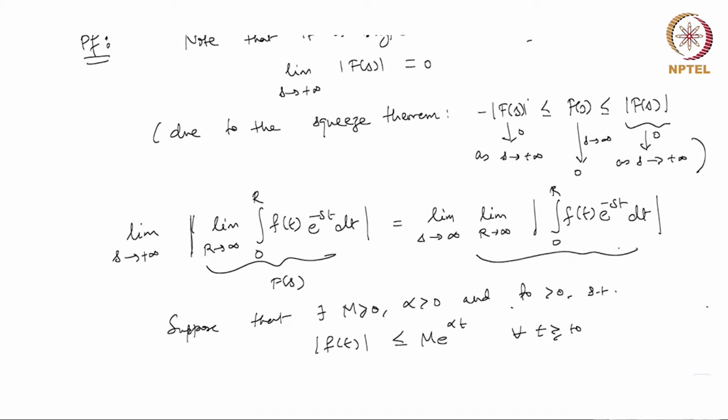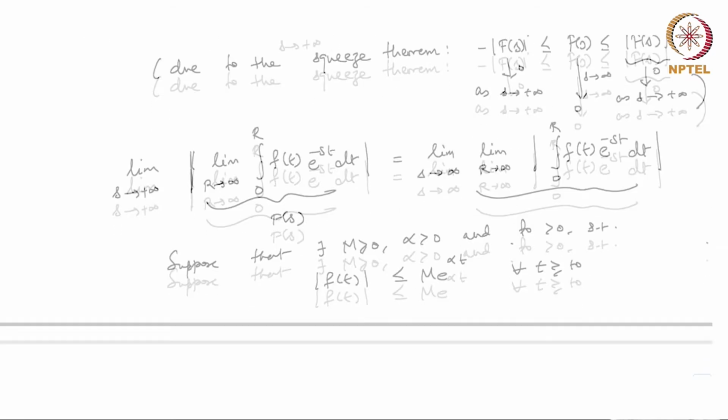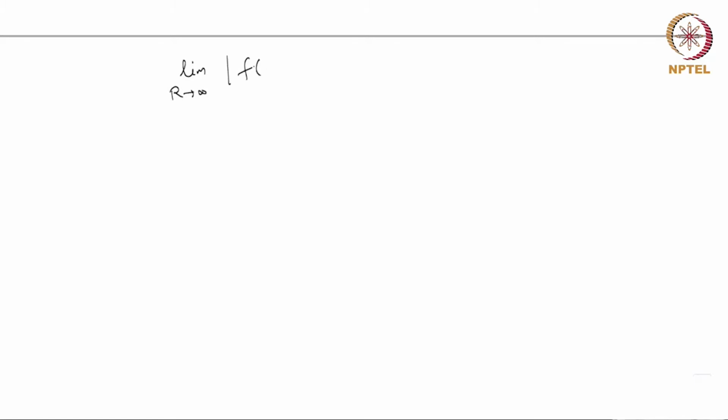So now we can evaluate this limit as r goes to infinity, and we have already seen that it equals M over s minus alpha. So one can solve directly: the limit as r goes to infinity of the modulus of the integral of f(t) e to the power minus st dt is in fact less than or equal to M over s minus alpha. This is for s greater than alpha.